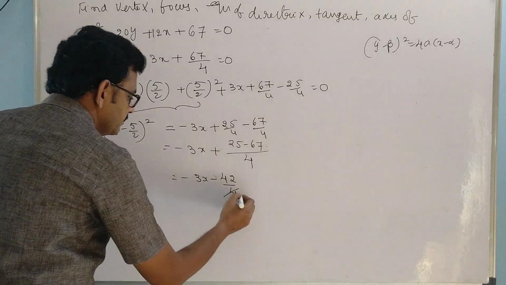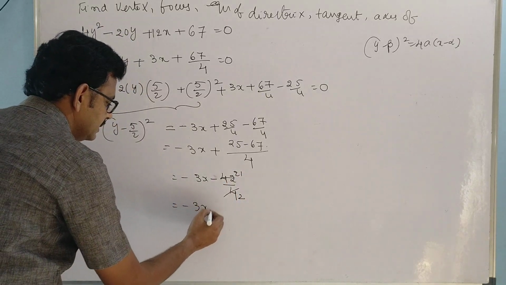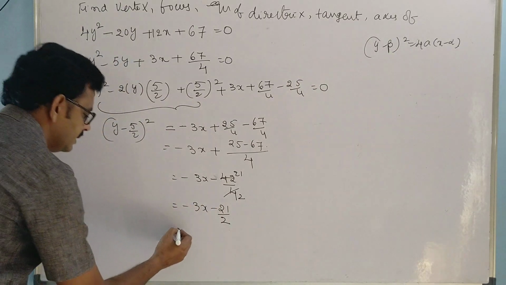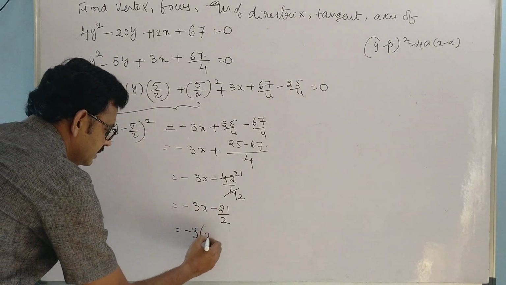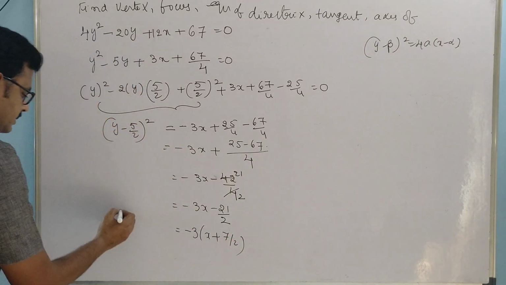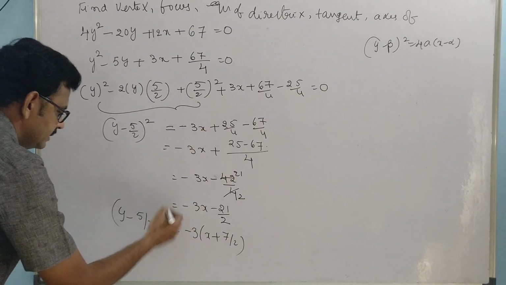The 2 gets cancelled, this is 21 by 2. Minus 3x minus 21 by 2. Again you can take minus 3 common. This is x plus 7 by 2. So this is (y minus 5 by 2) whole square is equal to minus 3 into (x plus 7 by 2).